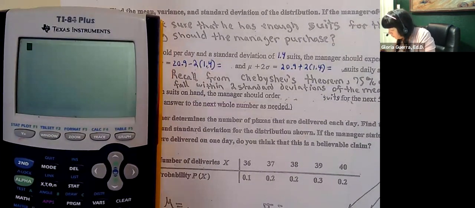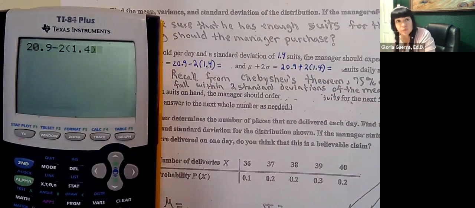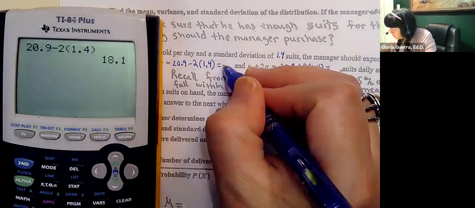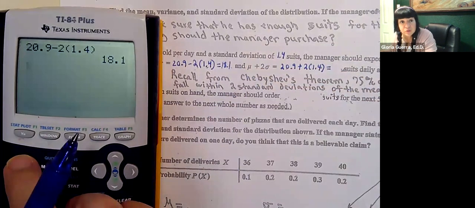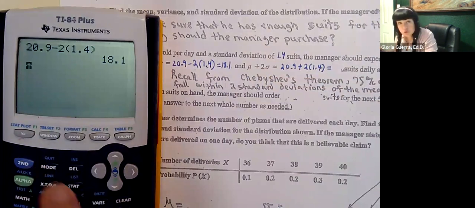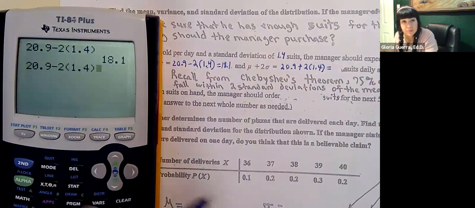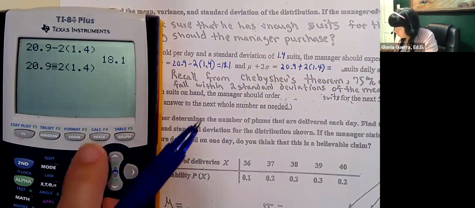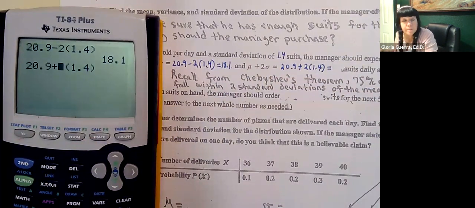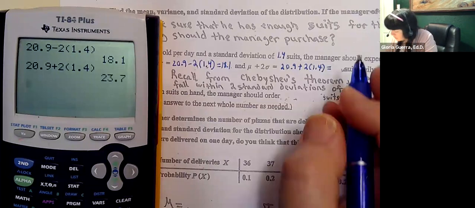So 20.9 take away 2 parentheses 1.4 close parentheses. That gives us 18.1. Then I do a second enter, which is a copy, then backspace and change that minus to a plus sign, and hit enter. That gives us 23.7.